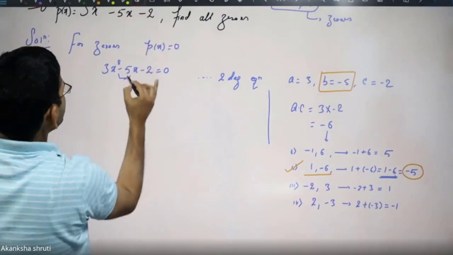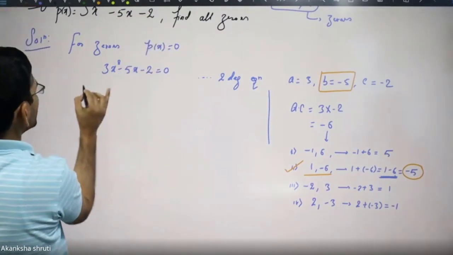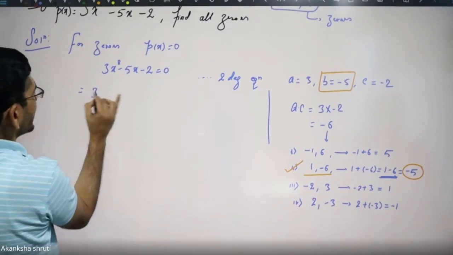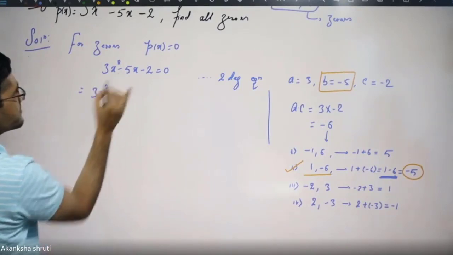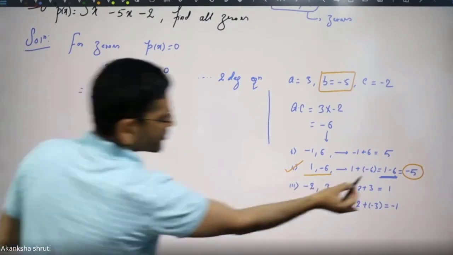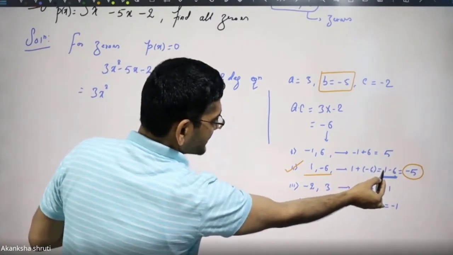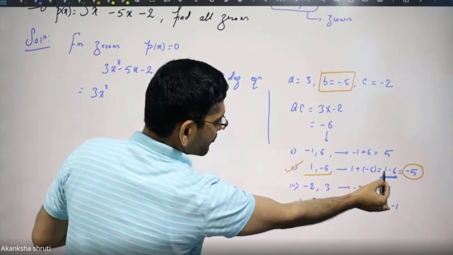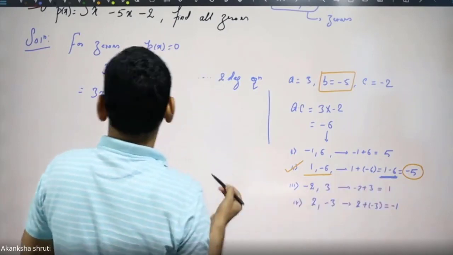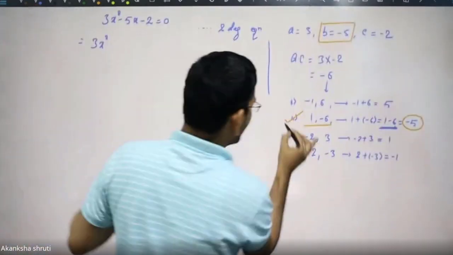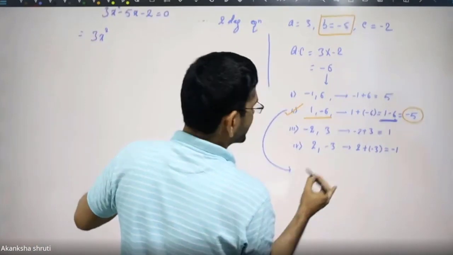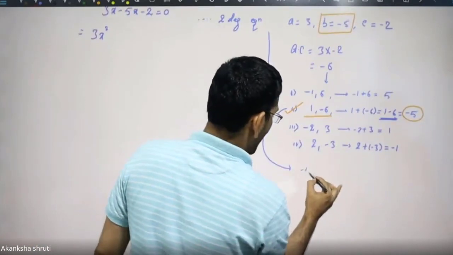So students, in this case, you just write this as 3x square. This -5 you may write as 1 minus 6. So minus of 5x, from here we can directly associate this as -5.